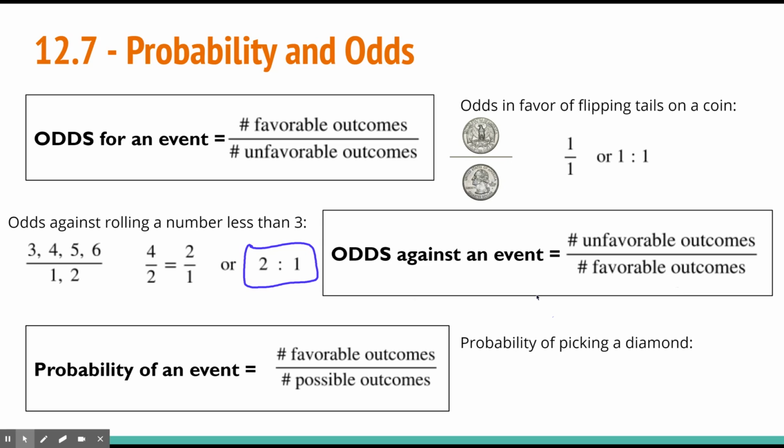In each of the suits, there's a 2 through a 10, and then a jack, queen, king, and an ace. So picking a diamond, there are 13 cards in a standard playing card deck that are diamonds. So that's 13 favorable outcomes over possible, since we're talking about probability. 52 total cards, which gives us a probability of 25%.